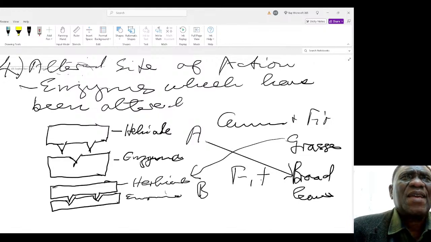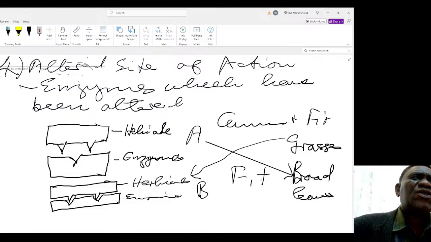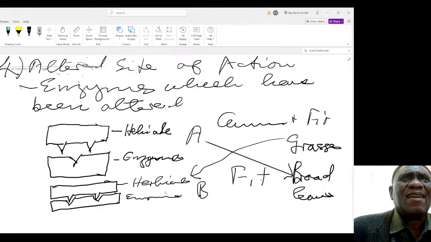We have herbicides which are known as grass killers. These grass-killing herbicides form a perfect fit with enzymes within grasses, and they are able to express their mode of action by probably stopping fatty acid production, leading to the death of the grasses.